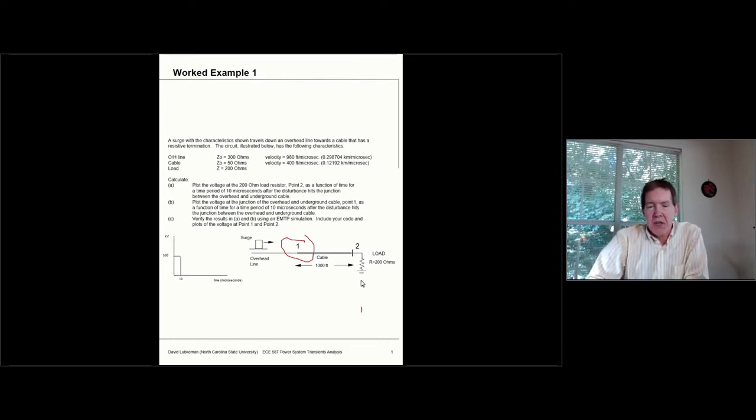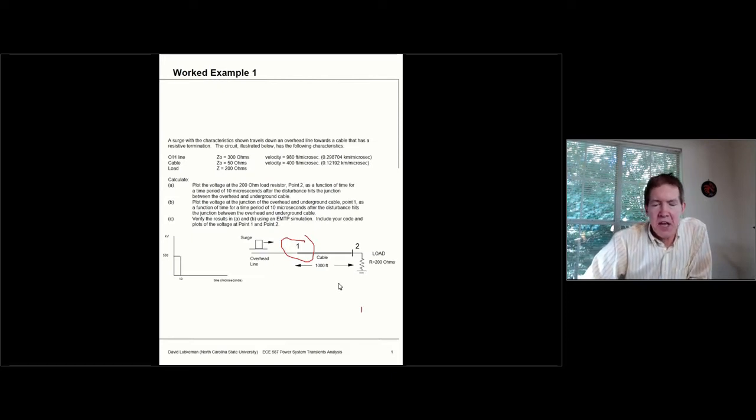This would basically be kind of like the surge impedance of the load itself. If it was a pure resistance, that would be 200 ohms. So 1,000 feet doesn't really seem like much, but when you're looking at these waves traveling at the speed of light, yeah, it's going to make a difference.